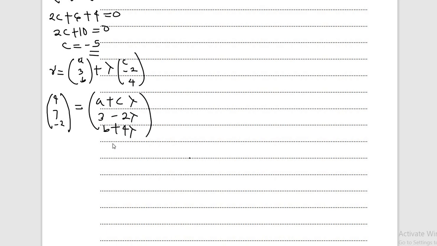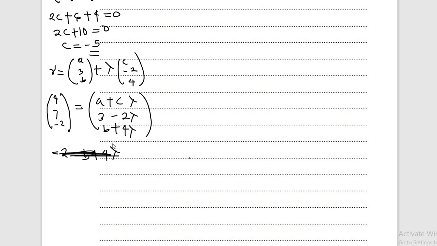Okay, so I think we can get lambda from the last column. Minus 2 equal to B plus 4 lambda. No, we can't get lambda from this. So we can get lambda from the second column.